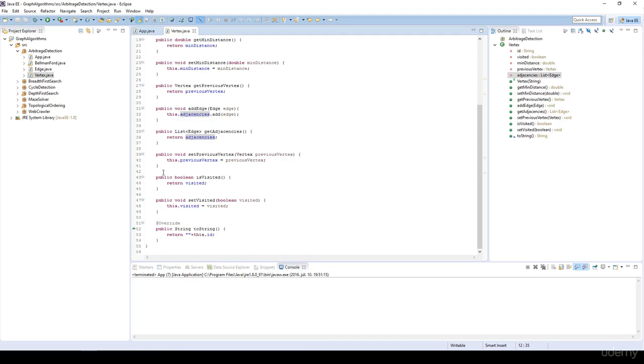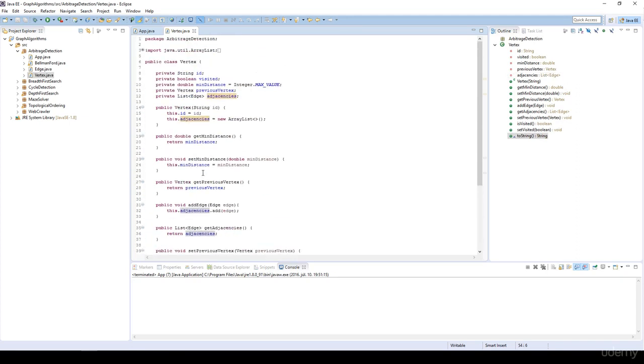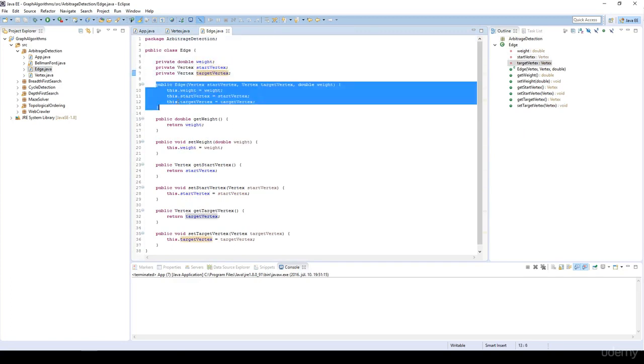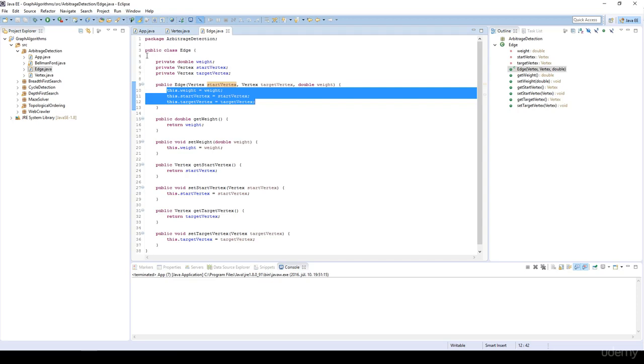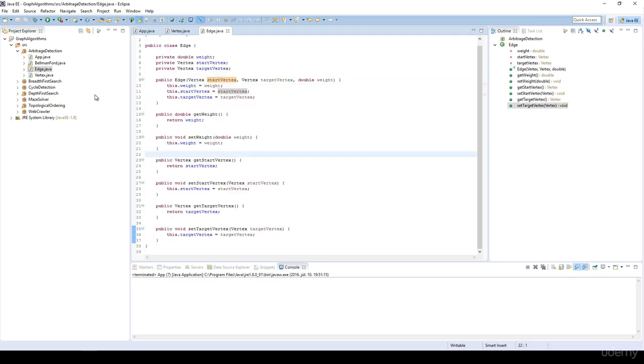And of course we have the getters and setters, and in the toString method we just print out the ID. Okay, then we have the edge class with the weight, the start vertex and the target vertex, with a constructor which takes a start vertex, a target vertex and a weight, and initializes these parameters accordingly. And of course we have the getters and the setters.